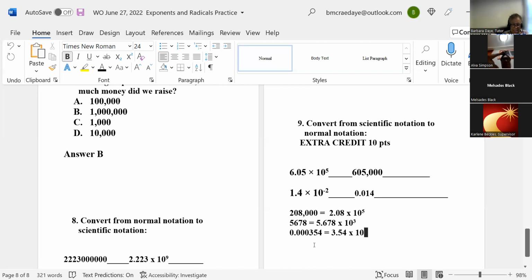Negative or positive, Mercedes? Positive. No, to the right is negative. Negative 4.